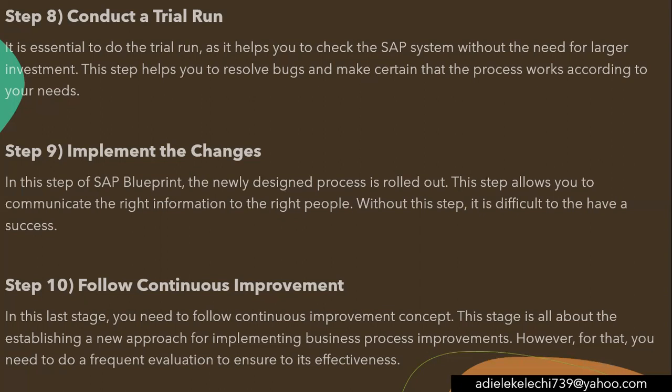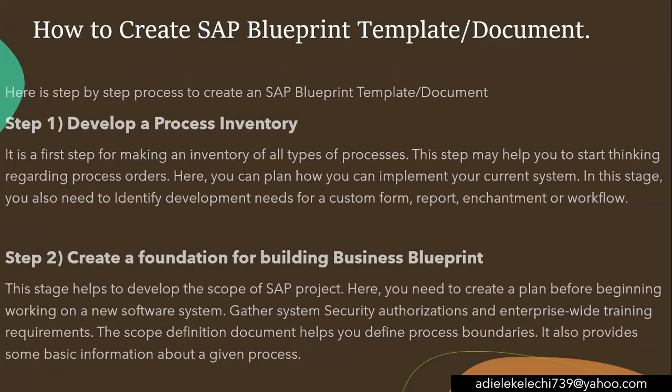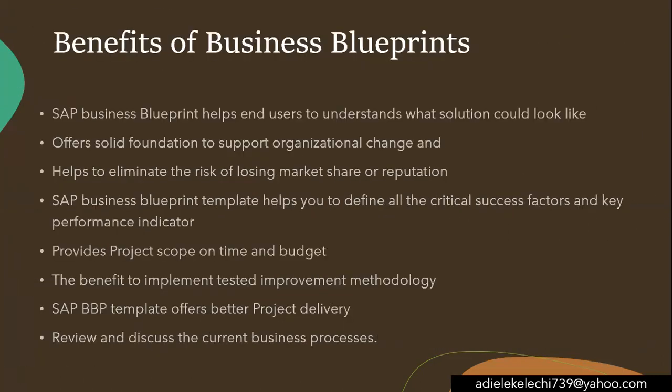So I guess at the end of a successful project, the team has to come together and look at how to improve on upcoming projects: what were the lessons learned, what were the mistakes, and try to ensure that in the next project they would have learned from the lessons of the blueprinting process and improve on that. So it's important that in developing your blueprint, you take note of all these very important points.